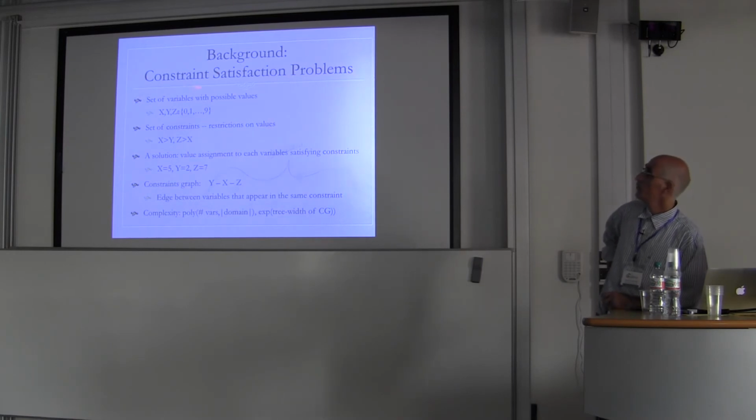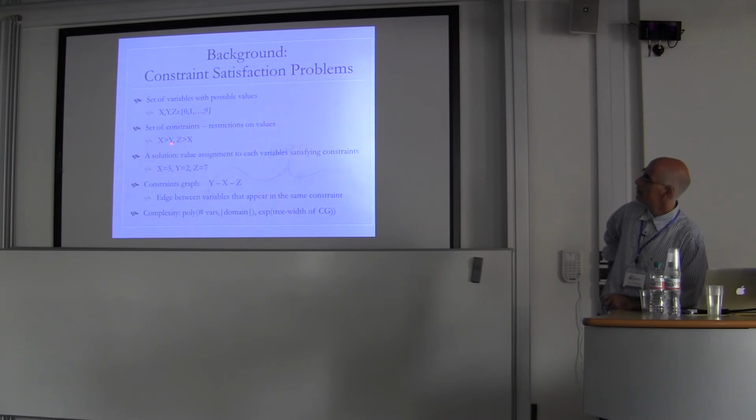So, if you don't know what a constraint satisfaction problem is, I'm going to explain it briefly in this slide. It involves a set of variables with possible values, the domains of the variables. So in my example, we have x, y, and z, and the domain being 0 to 9. A set of constraints which are restrictions on the values that we allow these variables to have.